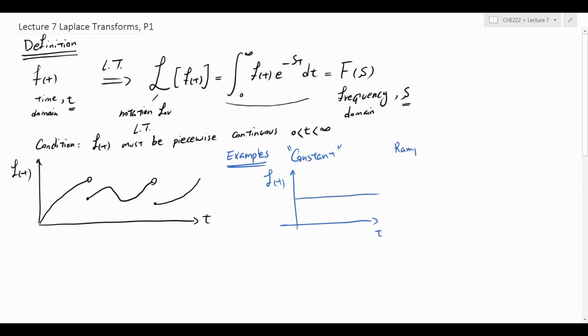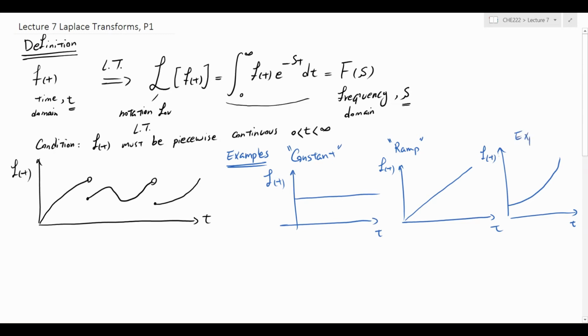We may deal with ramp function, or exponential function, or a step function, or impulse function.